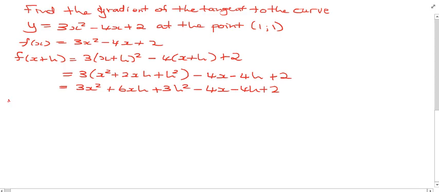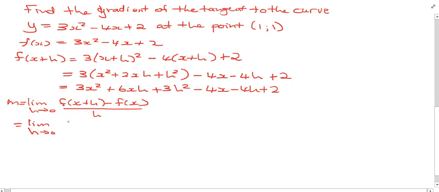So now we first get the gradient, which is the limit when h is approaching 0 of a function f of x plus h minus f of x divided by h. And then we're going to plug in our values. So we already established what is f of x plus h. That is 3x squared plus 6xh plus 3h squared minus 4x minus 4h plus 2.